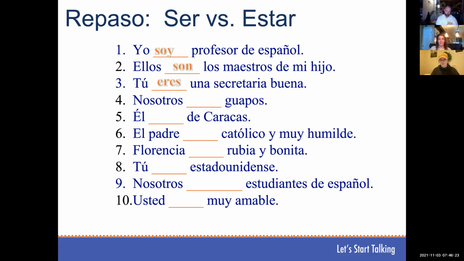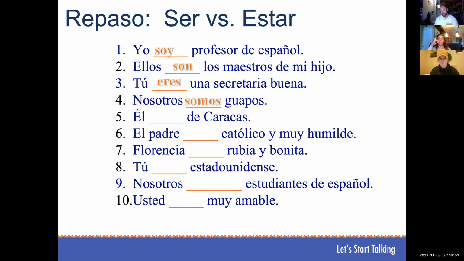¿Qué significa guapos? Handsome. I don't feel like that would be permanent. Nosotros estamos guapos. It's going to be somos guapos. Again, think about the state of being changing back and forth.